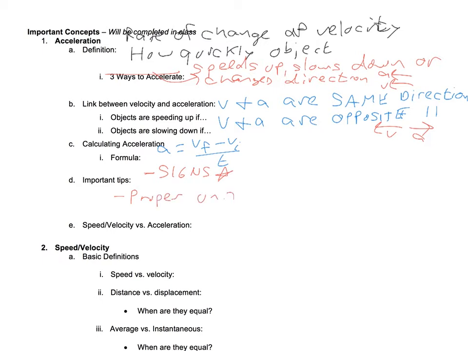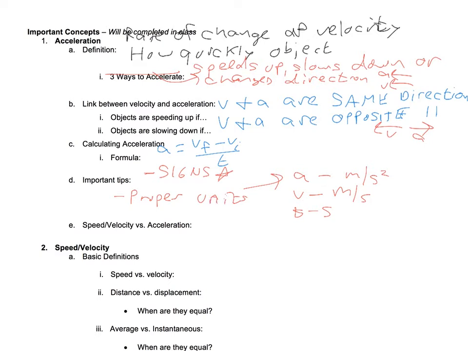Keep in mind that acceleration should be in meters per second squared, velocity should be in meters per second, and time should be in seconds. Okay, so we want to make sure we have those units when using that formula.